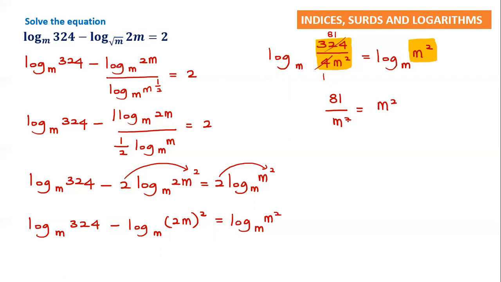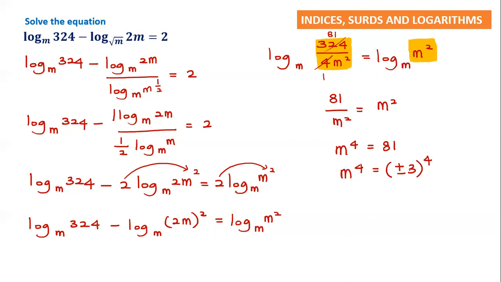So if you bring the m square over here, m square times m square is going to be power 4. That means your m to the power 4 is equal to 81. When you move over to that side, power 4 is going to be, the normal thing is actually plus minus 3 to the power 4, right?